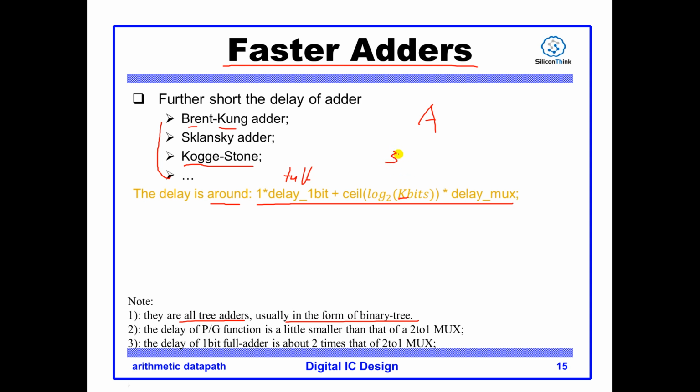If you use 32 bits input, k equals 32. So this ceiling means round to the bigger number, round up to the integer.